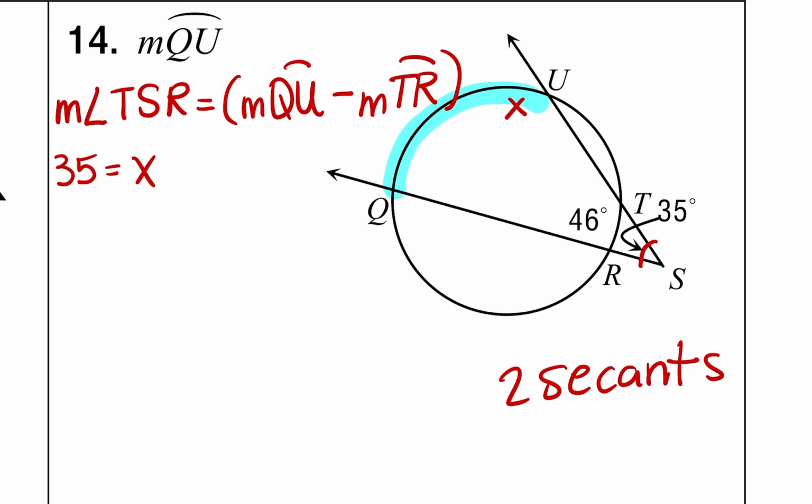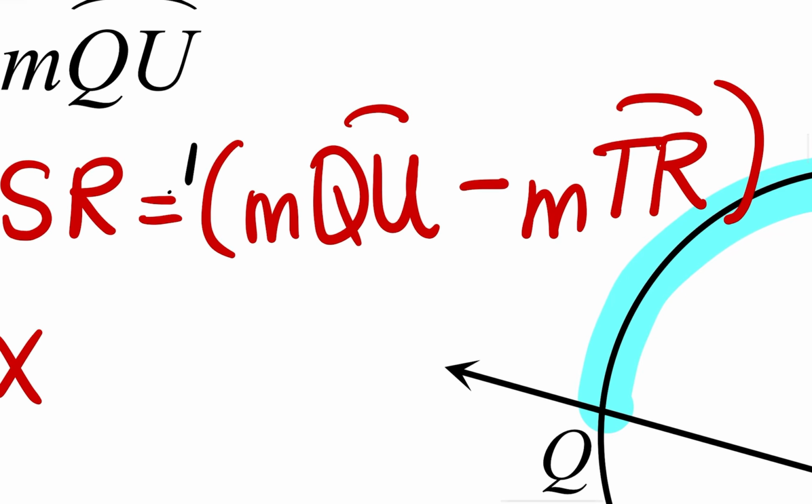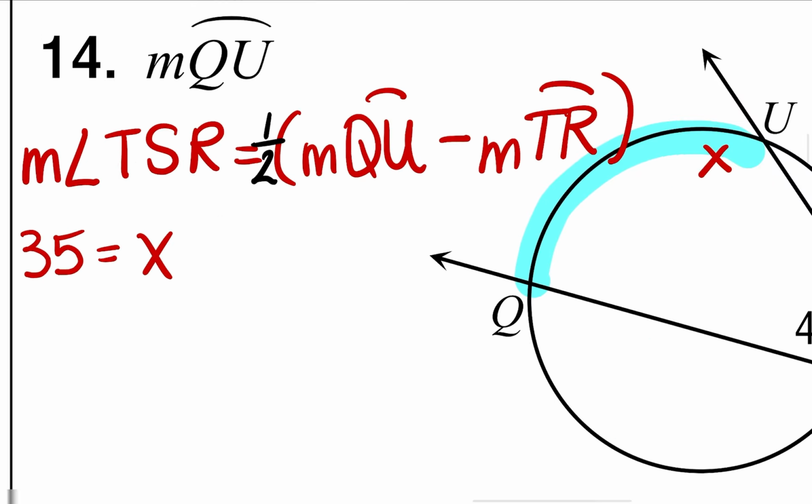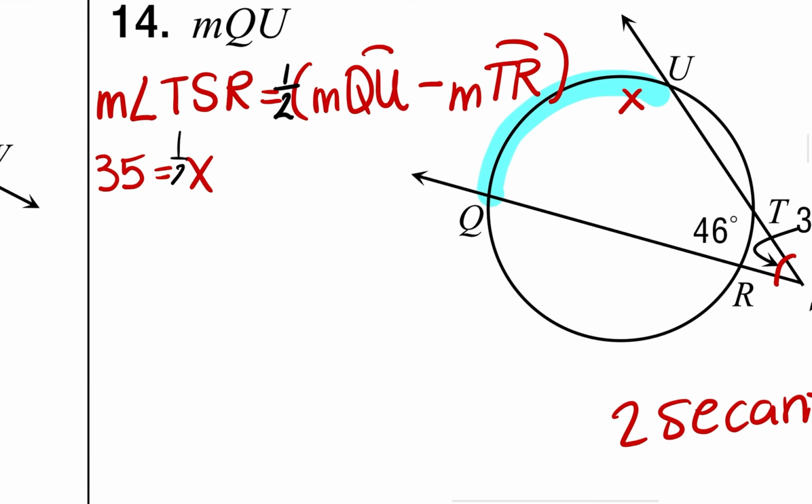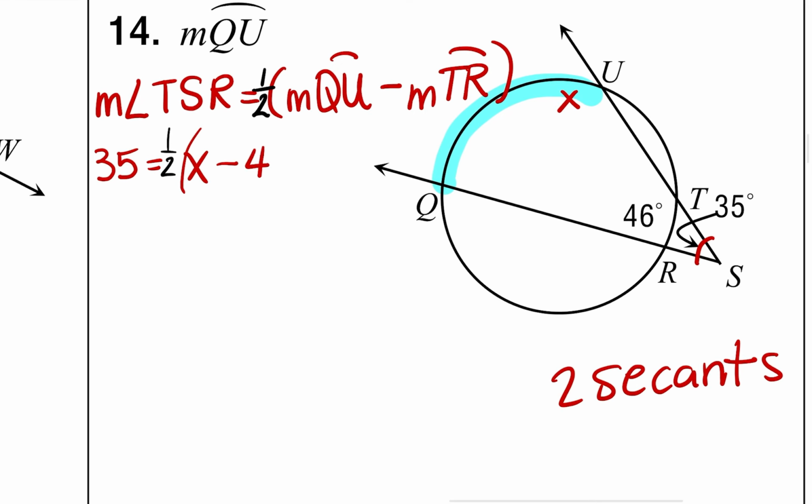Oh, I'm sorry. Hopefully you noticed this mistake, but we should be taking a half of that. Okay? So we're doing a half of the measurement of arc QU, which is X, minus the measurement of arc TR, and they gave us that it is 46.